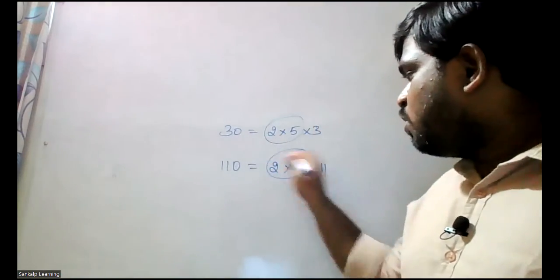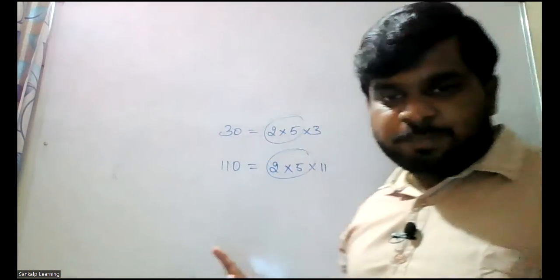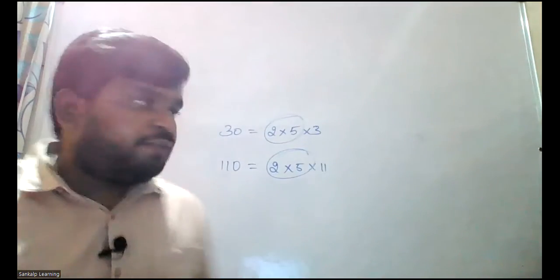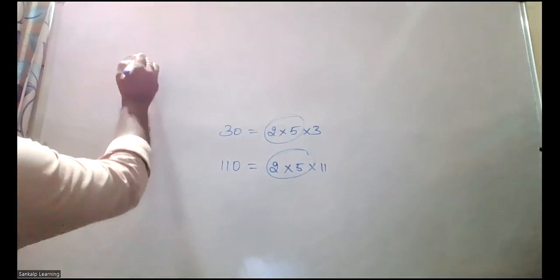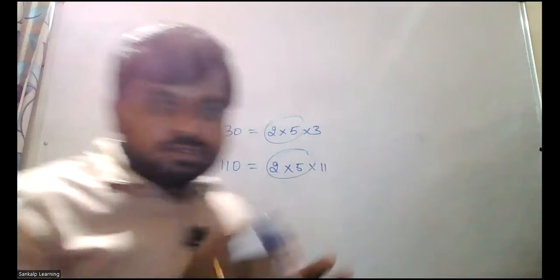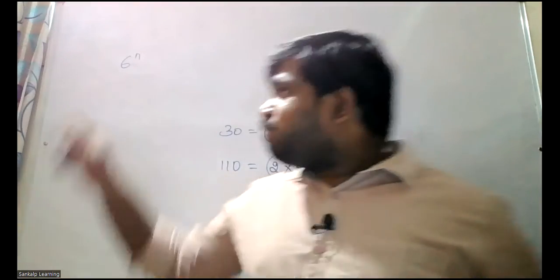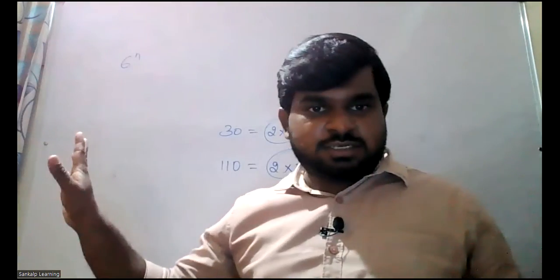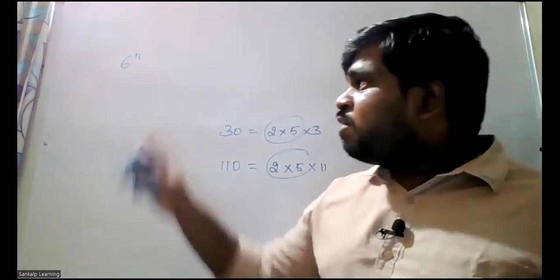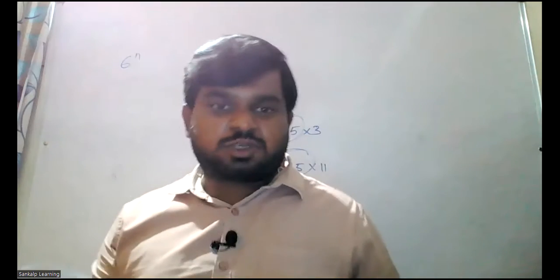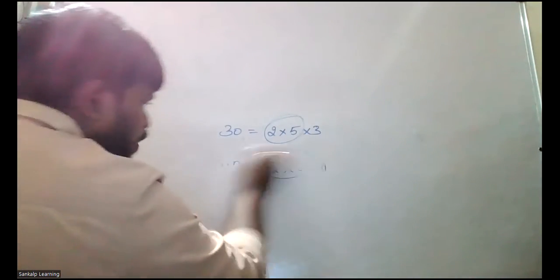This is ending with 0, so it has both 2 and 5 in it. So basically, if 6 power n has to end with 0, then the prime factorization of this should have both 2 and 5 in it. Okay, let's check whether the prime factorization of this has got both 2 and 5.